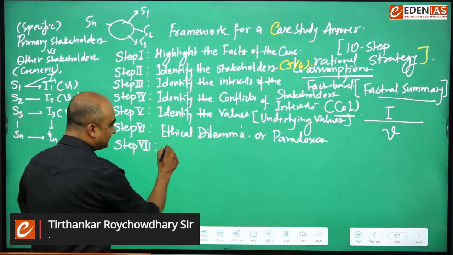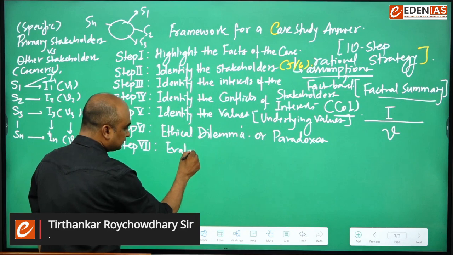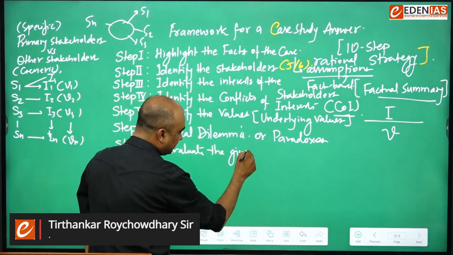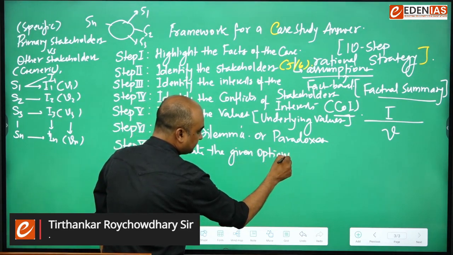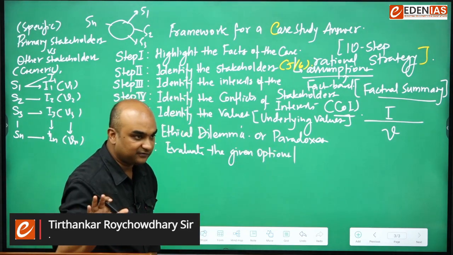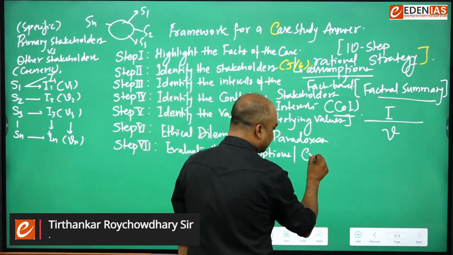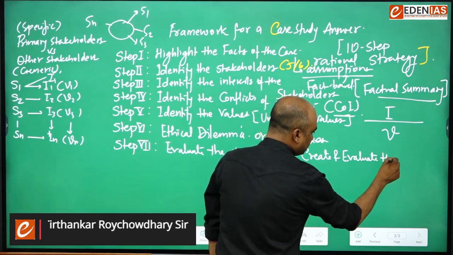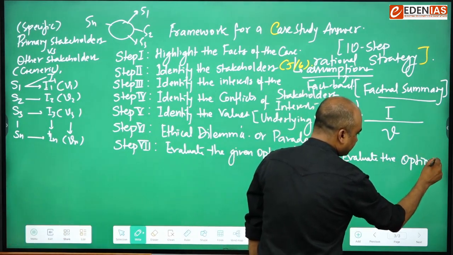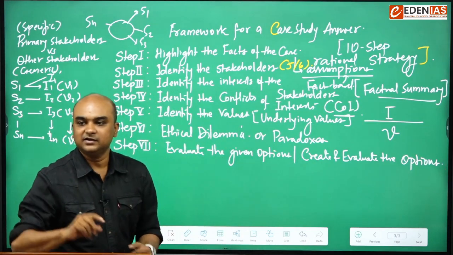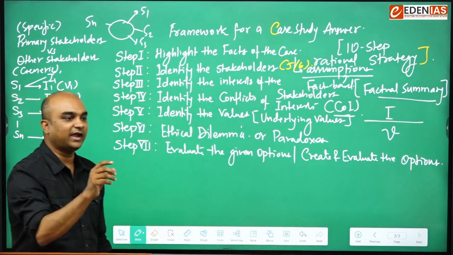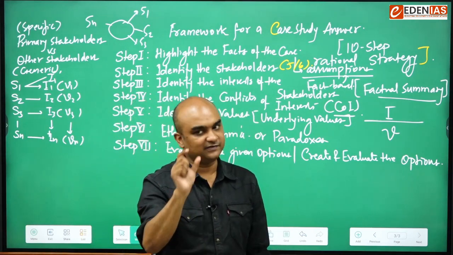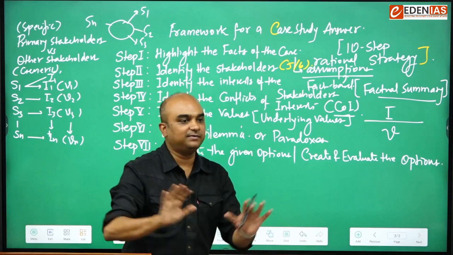Next you have to evaluate the given options, and if you don't have the options given, then you have to create and evaluate the options. Options are the various decisions that you can take. So you are evaluating every decision or every option or every choice that is available at your disposal.